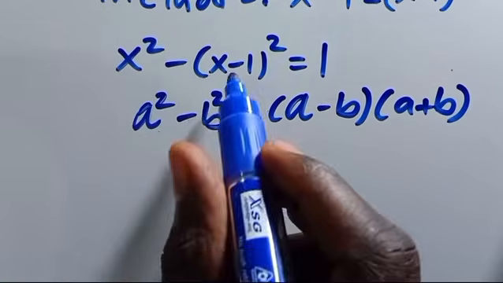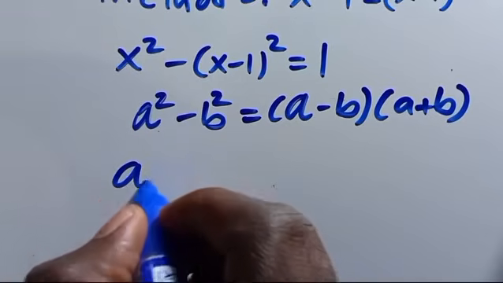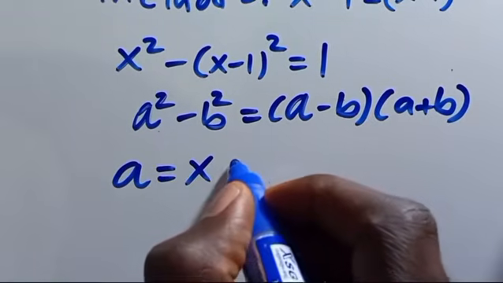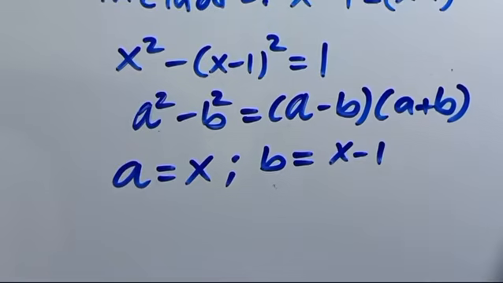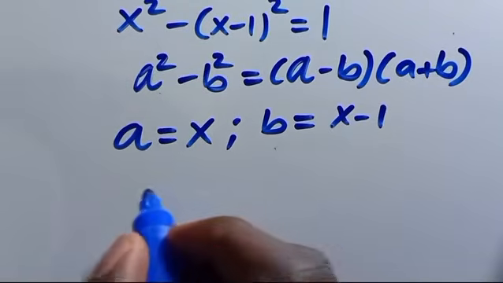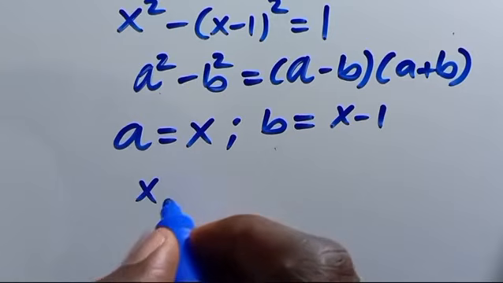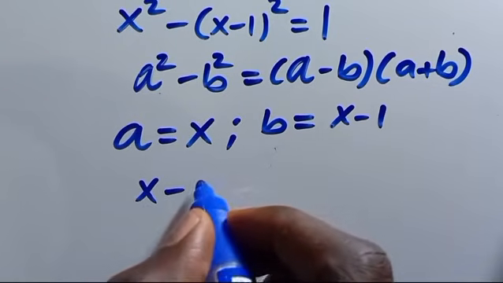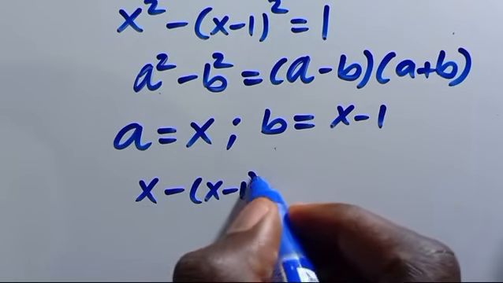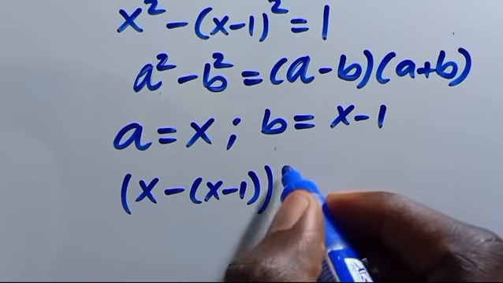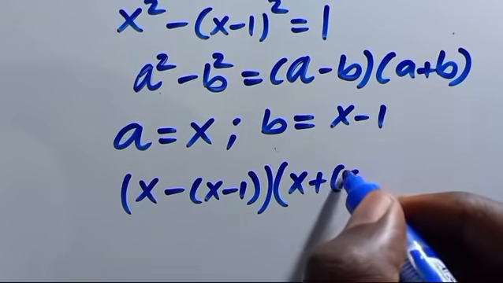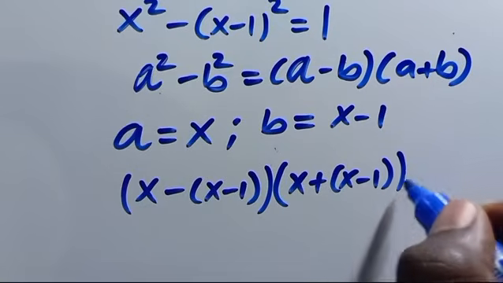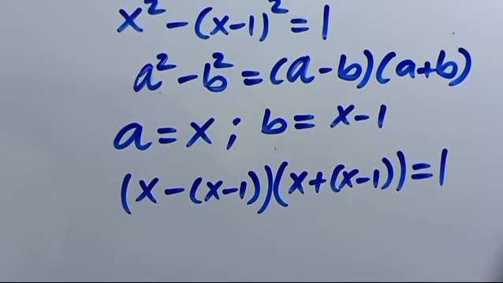meaning that we can have our a to be equals x, then our b to be x minus 1. So when we apply it here, we are going to have (x minus (x minus 1)) times (x plus (x minus 1)) and everything equals 1.